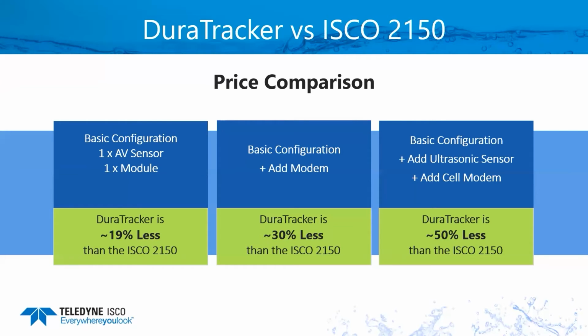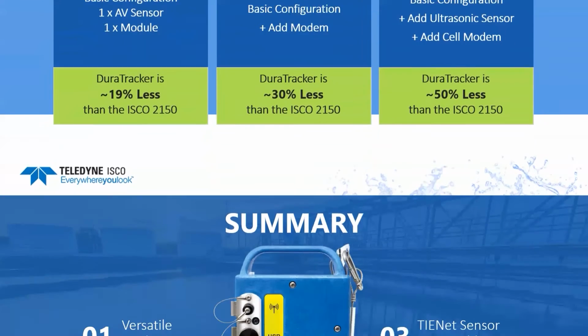If we throw a modem in there, we're going to be about 30% less, because now the modem goes inside and it's not its own module. And then if we go full blown with the basic configuration, ultrasonic and a cell modem, we're going to be up to 50% less than a 2150. So a lot of good cost savings that will be passed on to you.